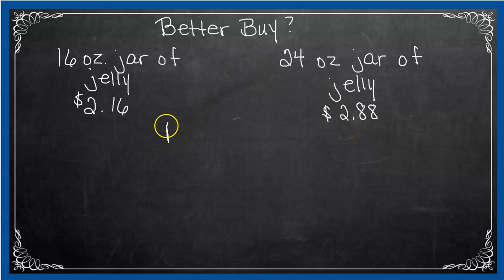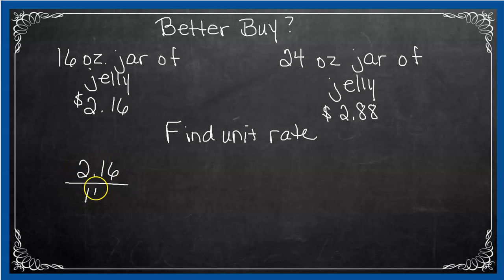What we want to do is find the unit rate for each item and then figure out which one has a better unit rate. So I'm going to take the amount that this jar of jelly costs, $2.16, and divide it by the number of ounces. And this one over here, I'm going to take the $2.88 and divide that by 24 ounces.